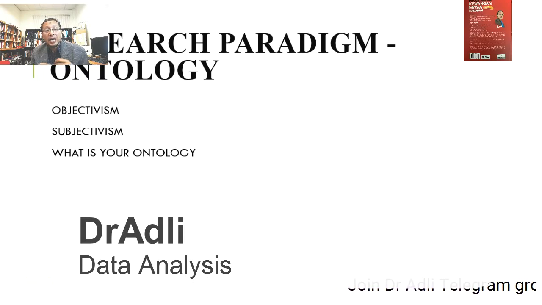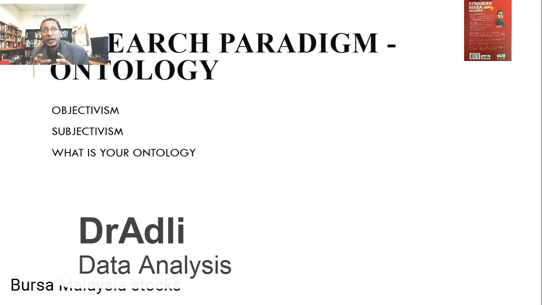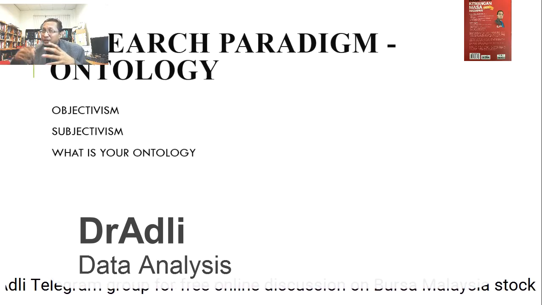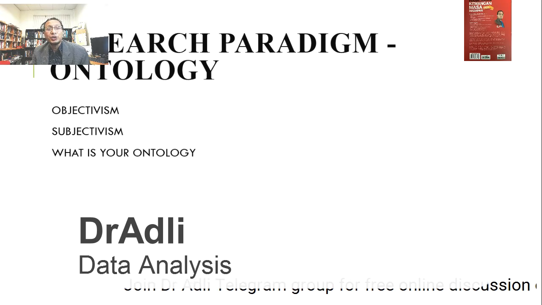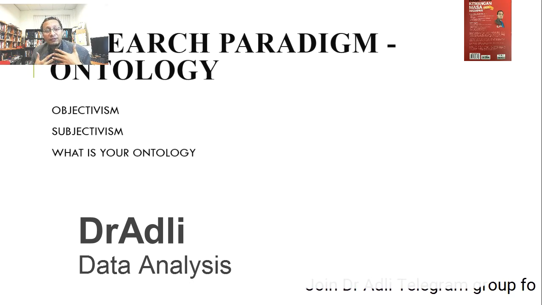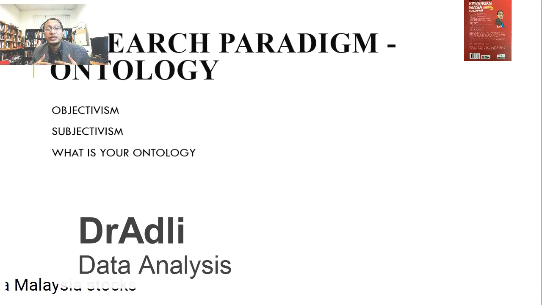So basically, when we talk about ontology, people will look at the reality from the objective side or maybe from the subjective side, right? For myself, I have my own ontology. My own ontology is the Islamic worldview, right?